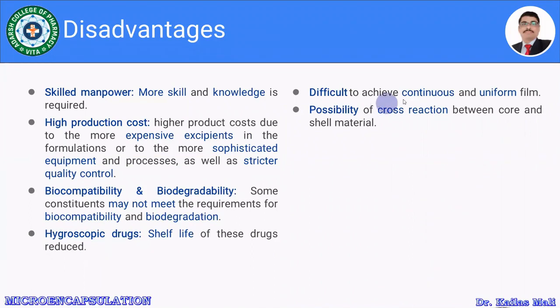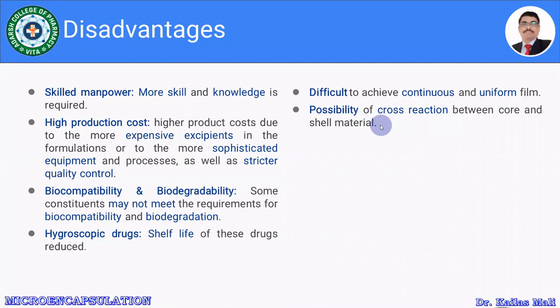It is difficult to achieve a continuous and uniform film on the product. The last one is the possibility of cross reaction between the core and shell material. There might be chances of some incompatibilities between the polymer coat and the components present in the core.